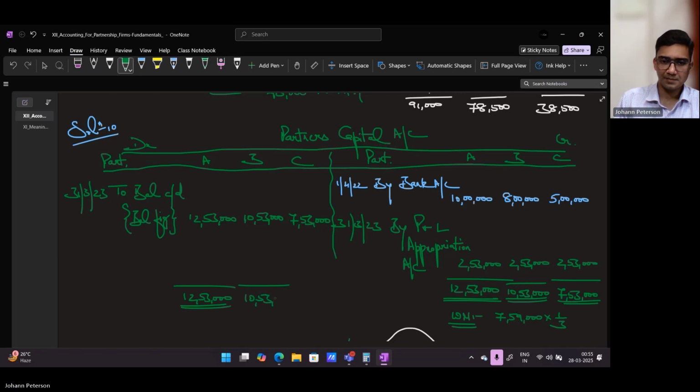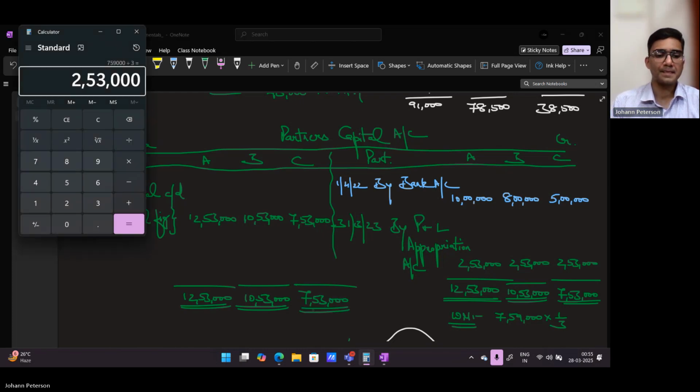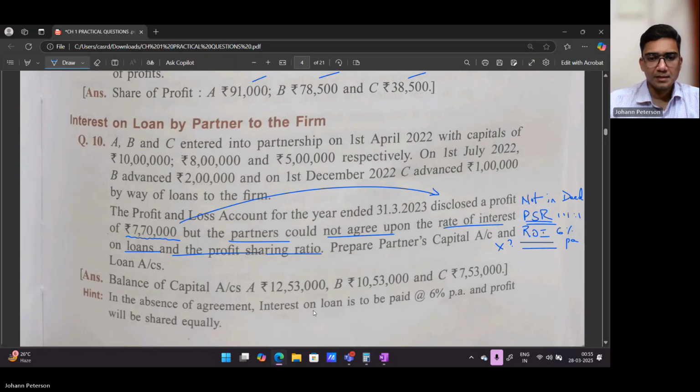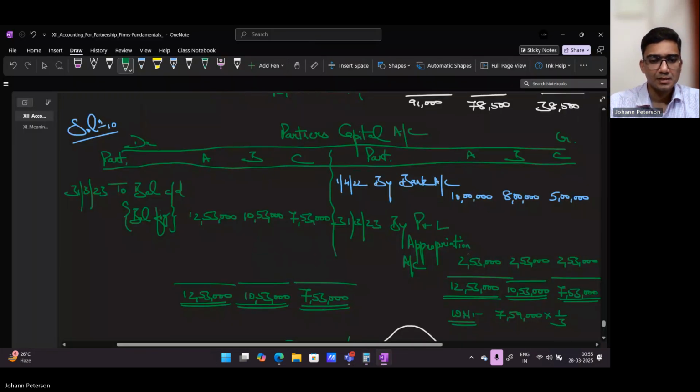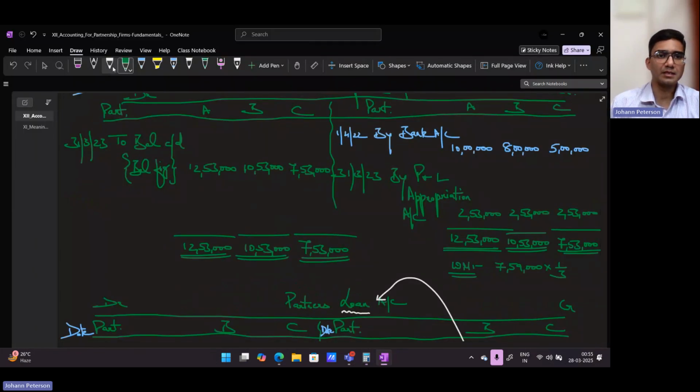Let's look at our answer: 1253, 1053, and 753. Okay. So that's the final way in which we have to solve this.